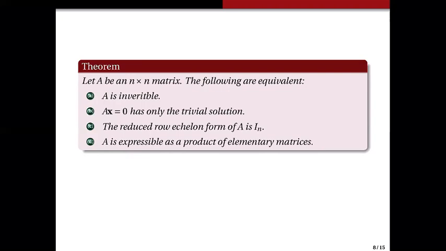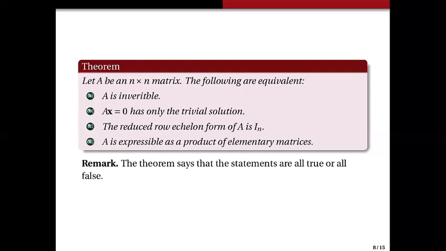Okay? So again, if one of them is true, everyone else will be true. If one of them is false, everyone else will be false. That's what 'the following statements are equivalent' means. Okay? So the theorem says that all statements are true or false.